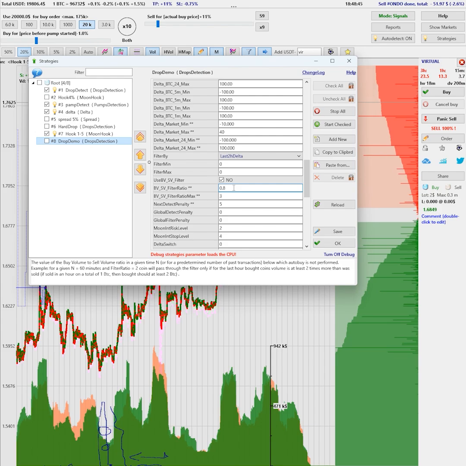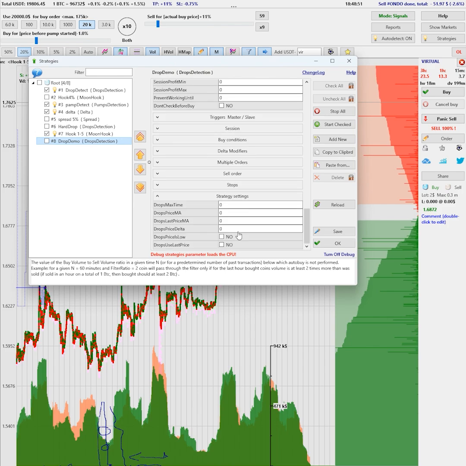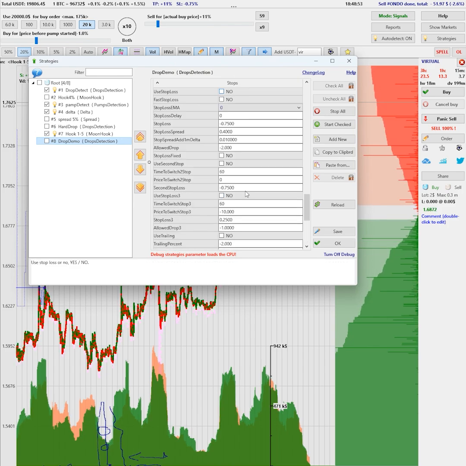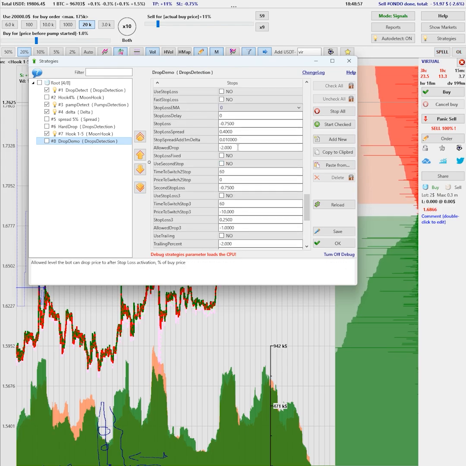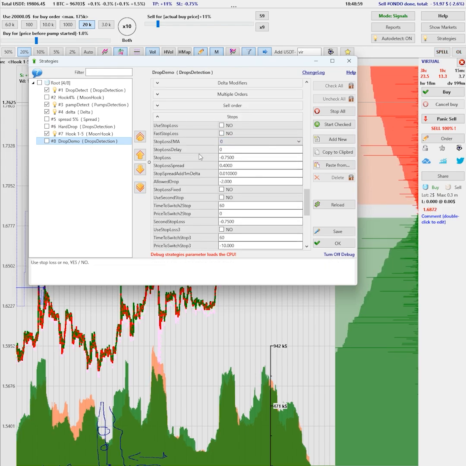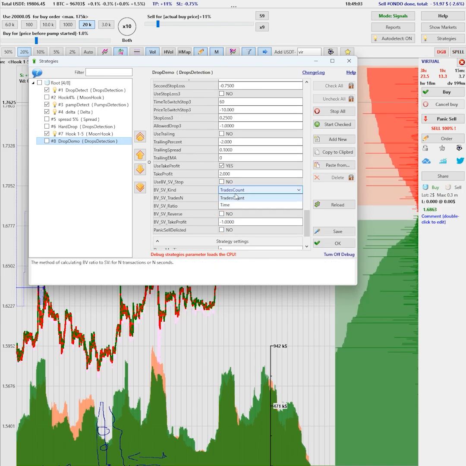Now that threshold is determined right here, in the stop section. I don't know why it's there, but you can select either trades count or time. If you select time, this is going to be time in seconds.